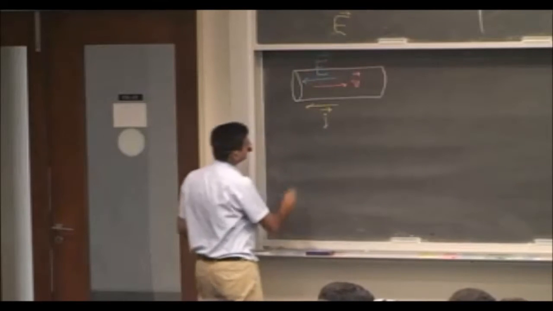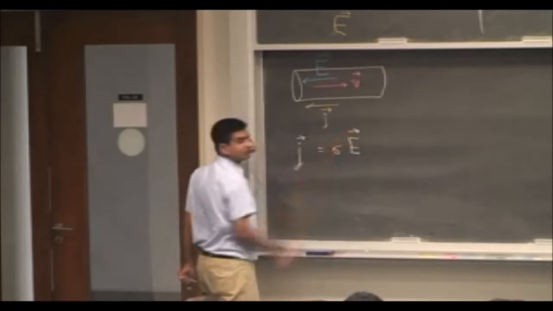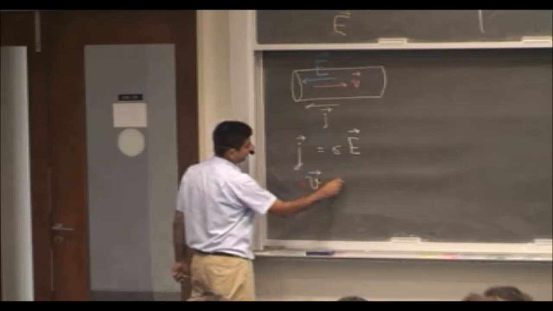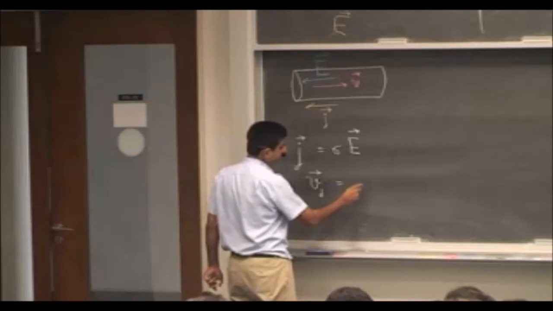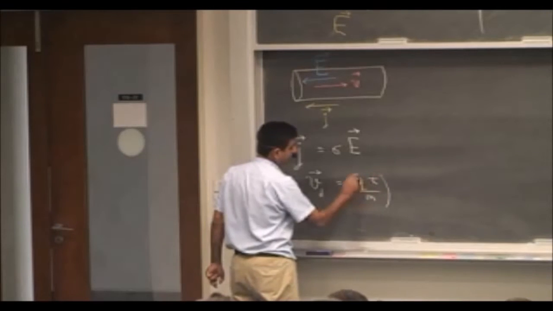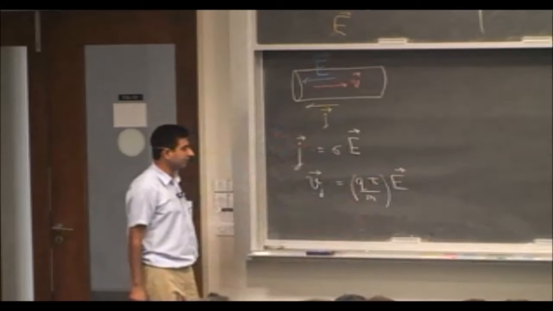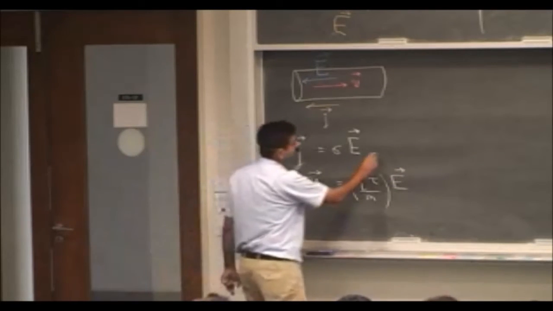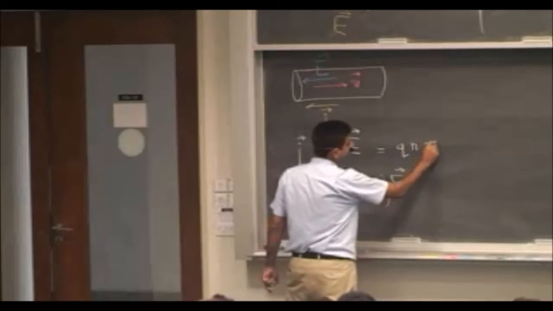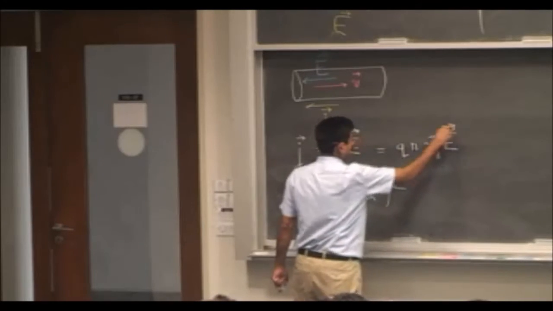And remember the relationships: J equals sigma E, and the drift velocity V_D equals Q tau over M times E, and J is equal to sigma E, which is also equal to Q N V_D.